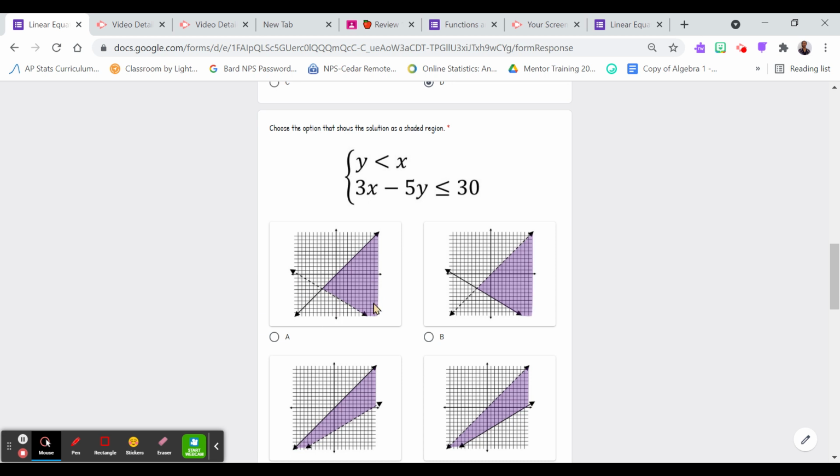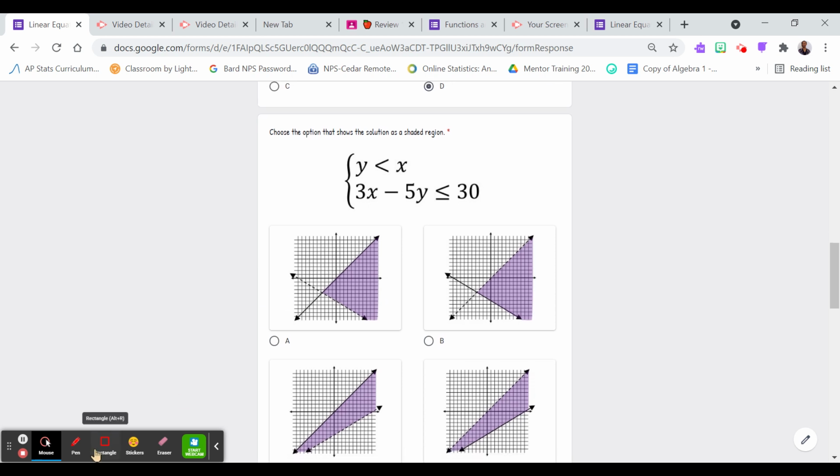It cannot be this one, that's impossible. I can eliminate that one. It can't be this one either, it's the same thing. It intersects at 10 and -6. It could be one of these two. This is clearly the line.